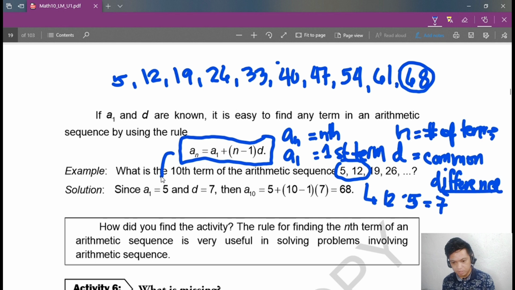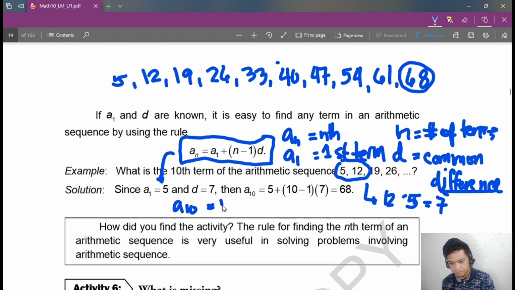Pero, with the use of the formula, we can now identify the 10th term. Since we're looking for the 10th term, yung a sub n dito, magiging a sub 10, kasi pang 10th term man ang hinanap natin. So, a sub 10 is equal to, what is our first term?